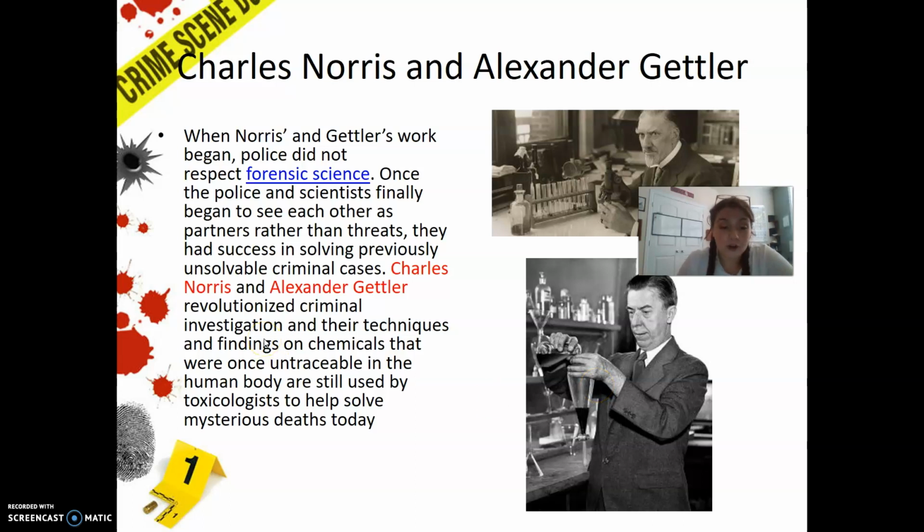The biggest part of how they changed the tide of history is that when they were brought on, most of the time, scientists' work for getting people convicted was not heavily used. People didn't really trust it. Cops didn't trust it. That was just not something that anyone really believed in.